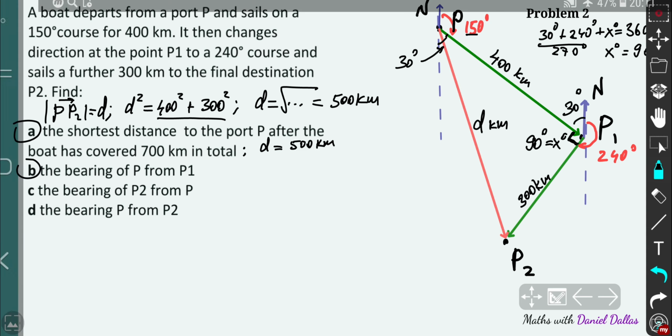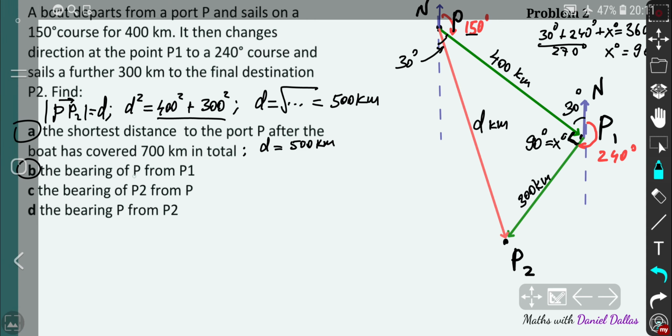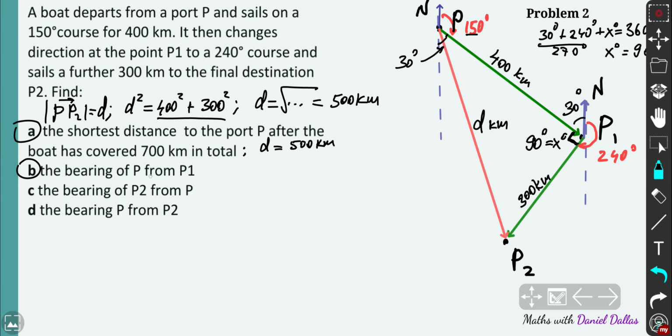So let's have a look at B. You need to figure out the bearing of the point P from P1. So that's why we set up the north direction at the point P1, because we need to define the bearing from P1. So we set up this north direction at the starting point, and then started turning in a clockwise direction until we reach the segment PP1.